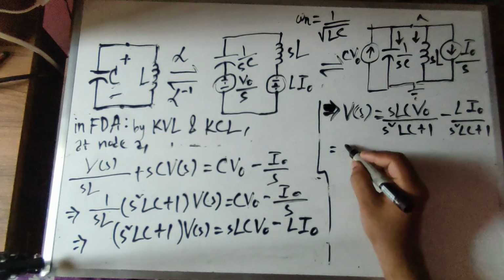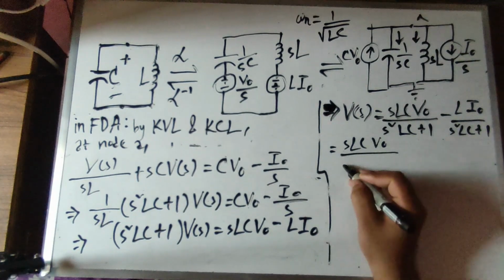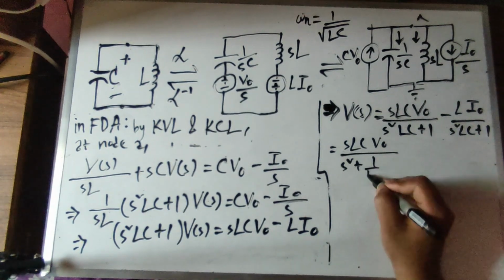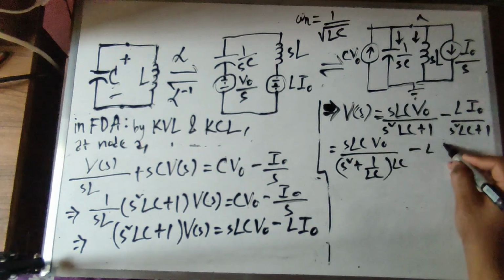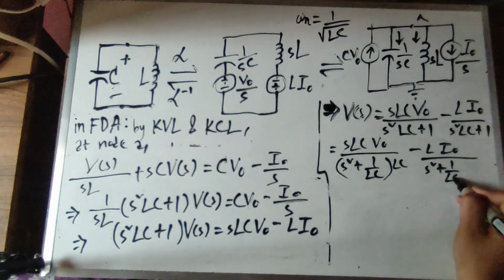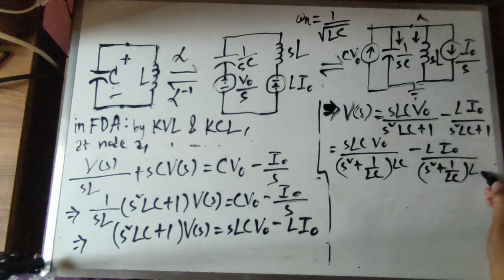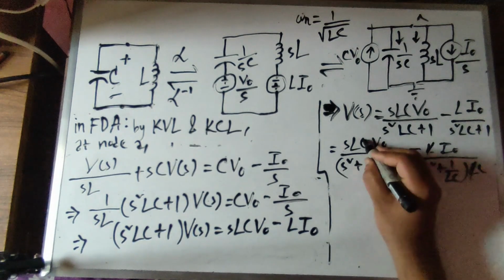Now s L C V0 by (s squared plus 1 by LC), with LC common, minus L I0 by (s squared plus 1 by LC). So cut this whole thing out.